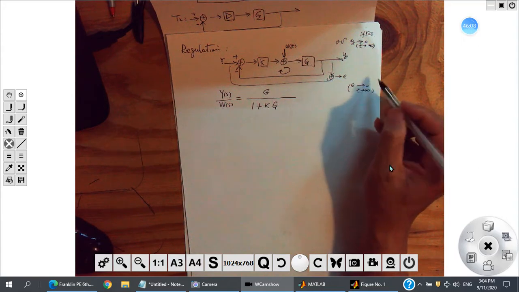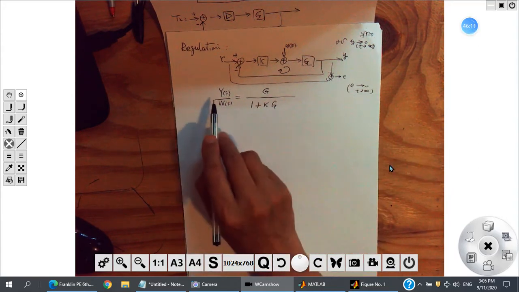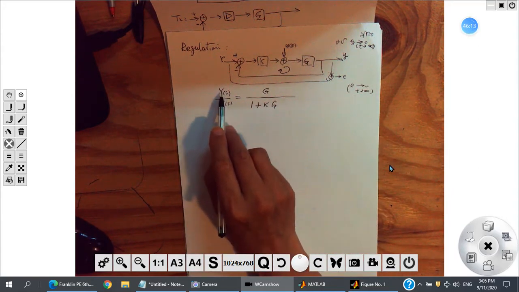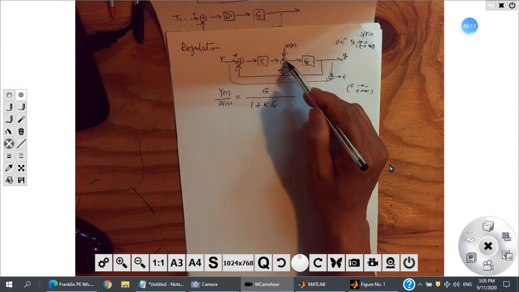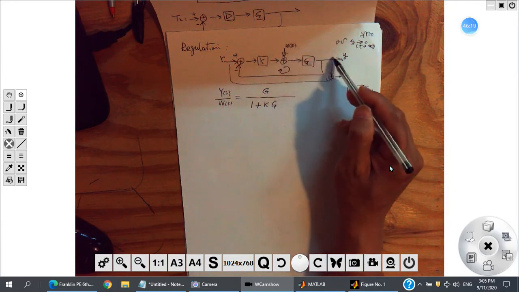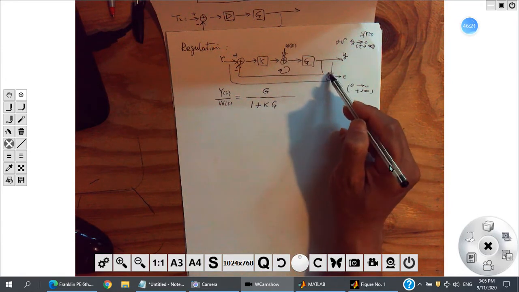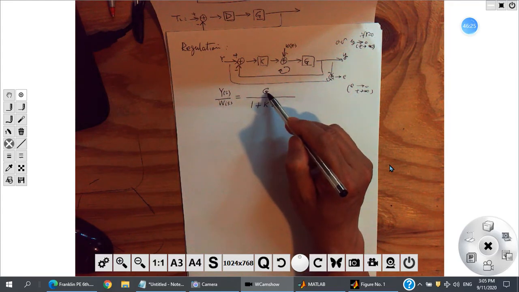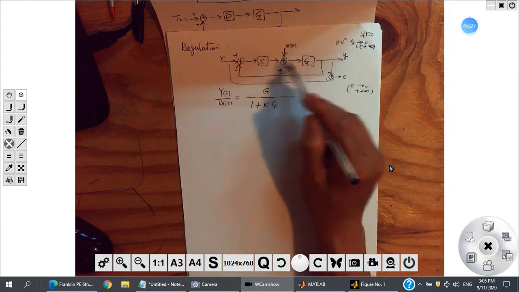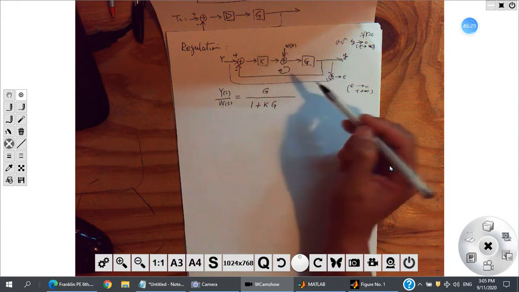Same thing. If you use this one, then here will be E over W. Then the forward path is still this one, but you have negative here, so the numerator will be negative G. And then the loop is the same loop. We only have this loop, right? It will be the same thing.